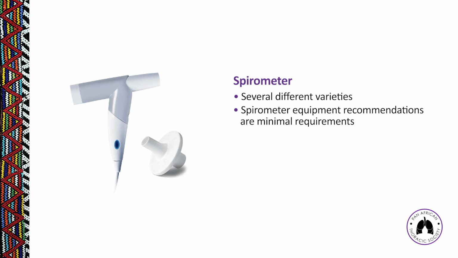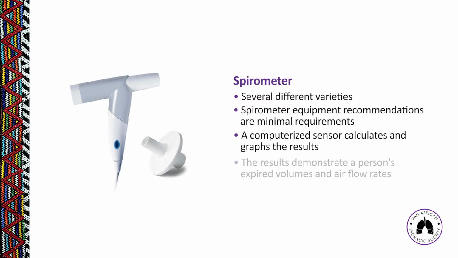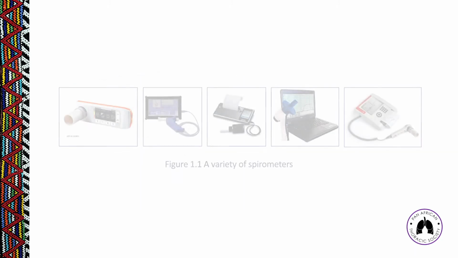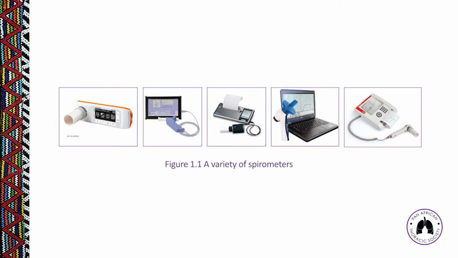So a spirometer has a computerized sensor, which is part of the spirometer, and this sensor will calculate graphs and results. And these results will then demonstrate a person's expired volumes and airflow rates. And there are different types of technology in spirometers, and each one works on a slightly different operating and measuring principle. But at the end, they all measure, as I said, volume and flow of air over a period of time.